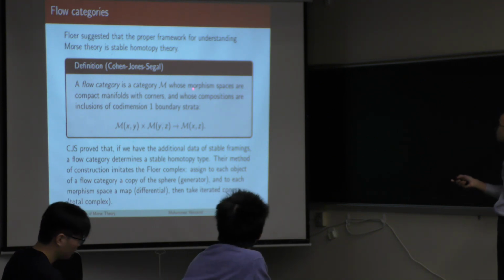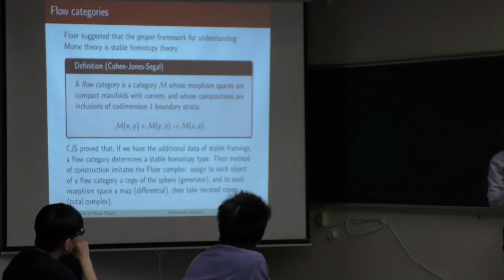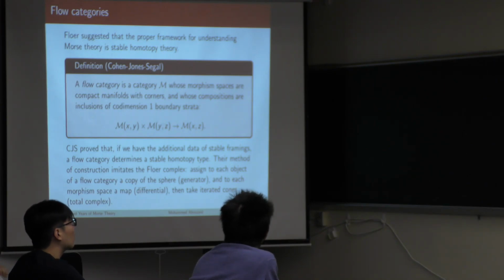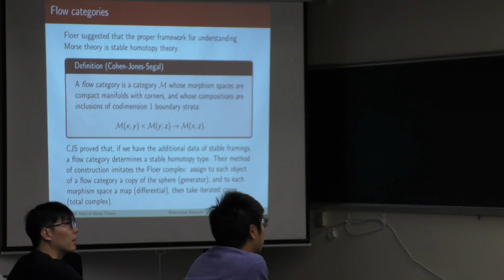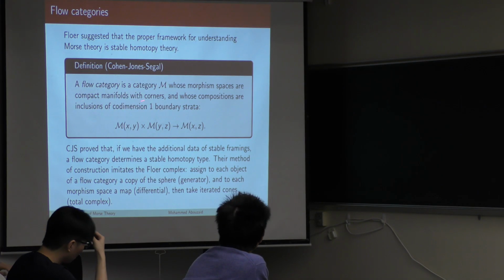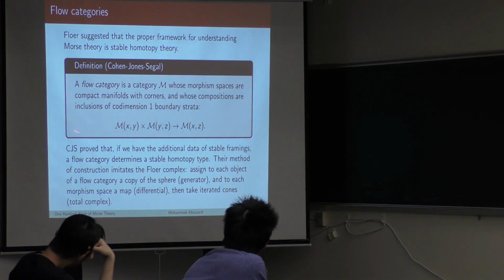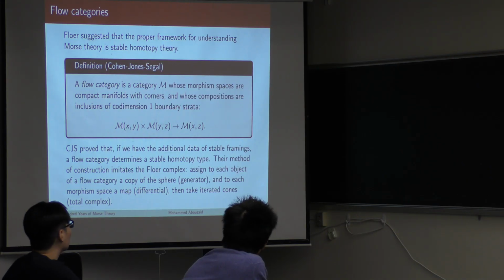The key feature is the morphism spaces are not just topological spaces, they are compact manifolds with corners. And even that is not the main thing. So let me write something more.